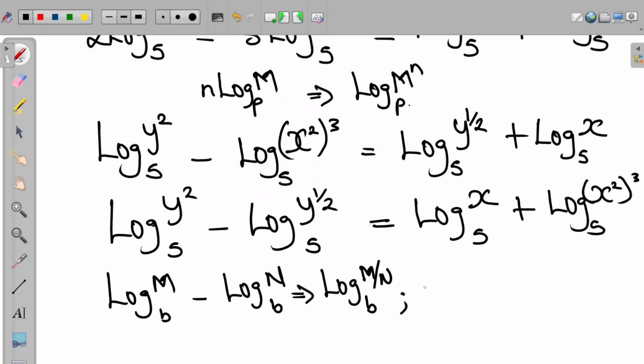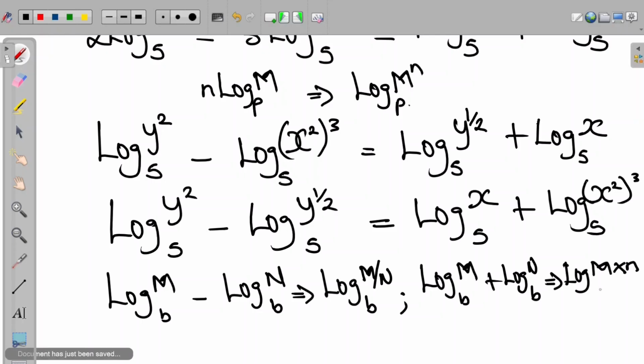Also, for the addition law, if I have log m to base b plus log n to base b, this can also be expressed as log m times n to base b.